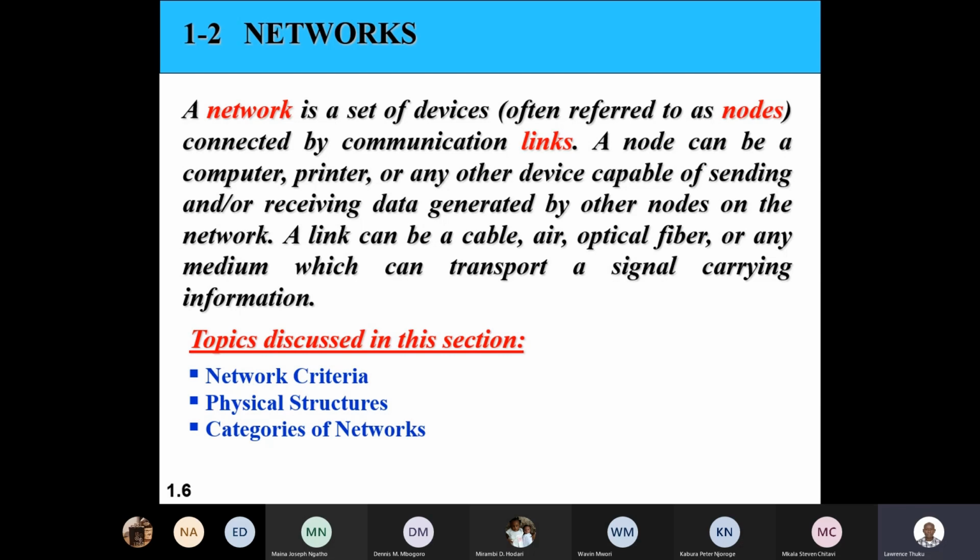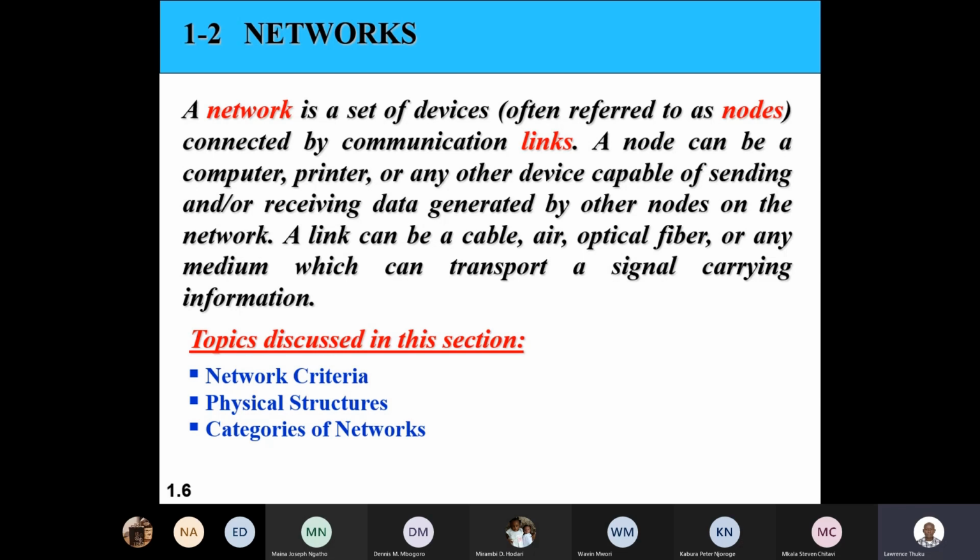From a very basic understanding, a network is a set of devices. In networking, we normally call them nodes, and they are supposed to be connected by communication links. These links could be cables, either guided media or unguided media.